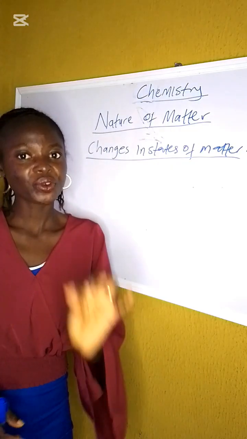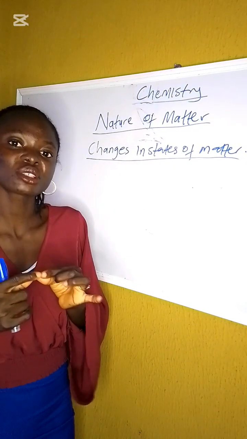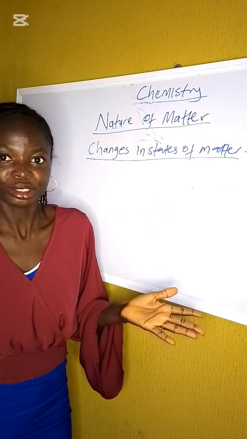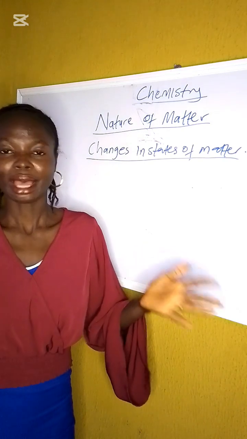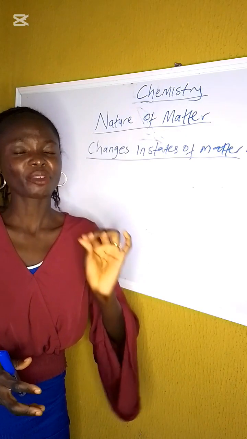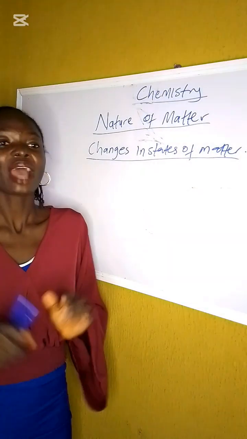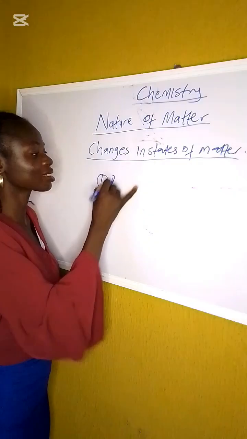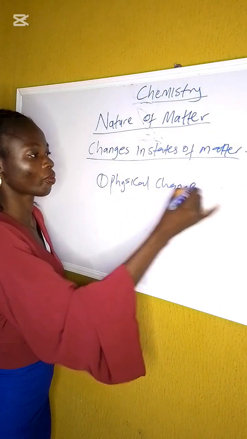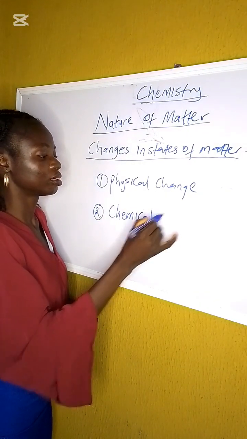But before there can be change in state of matter, something must have happened, like change in temperature and environmental factors. So these changes that we have been talking about, we have 2 types in chemistry. We have number 1, the physical change, and we have chemical change.